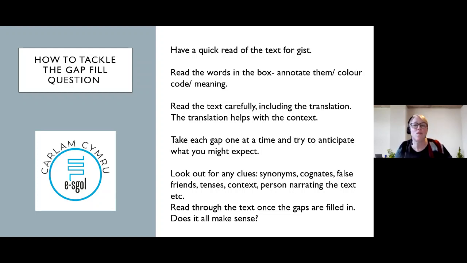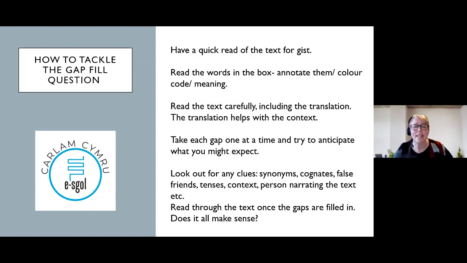Annotate them, write information on there. Is it a verb? Is it an adjective? Is it a noun? Maybe some people like to color code these. Maybe have one color for adjectives, one color for nouns, one color for verbs, whatever works for you. Or you might just write V or ADJ for adjective at the side.